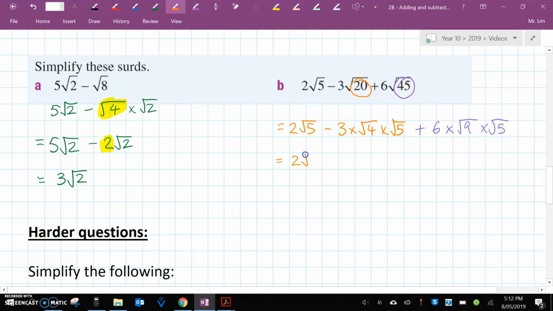Let's simplify this to root 5. Now, what is the square root of 4? The square root of 4 is 2. Therefore, 3 times 2 is 6 times root 5 is 6 root 5.